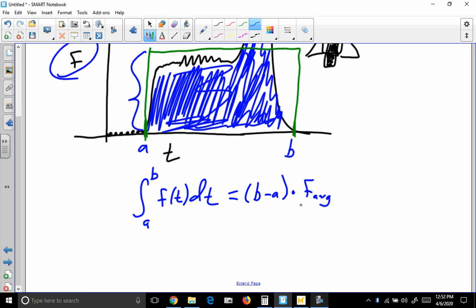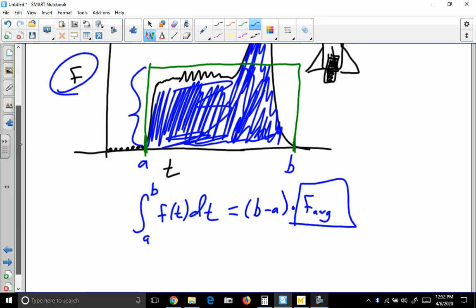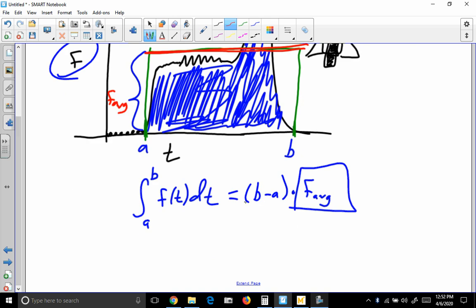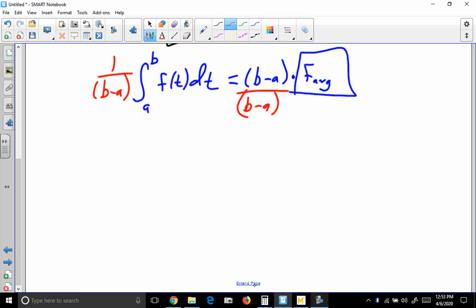To get f average, so what am I calling f average? It's that height. Just divide both sides by b minus a. b and a are constants. That's our interval.